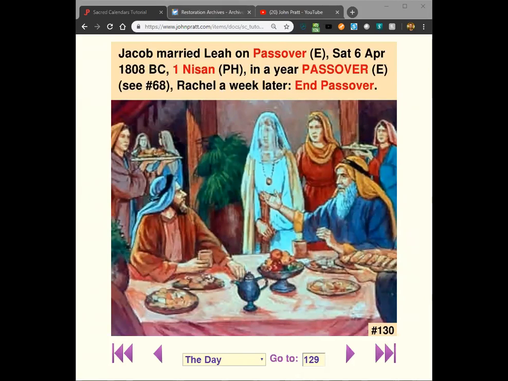This is really important because he's going to have 12 children from these 2 wives. These 2 wives are going to produce him 12 children in 7 years. Those 7 years are the 7 years of Passover as counted as years.